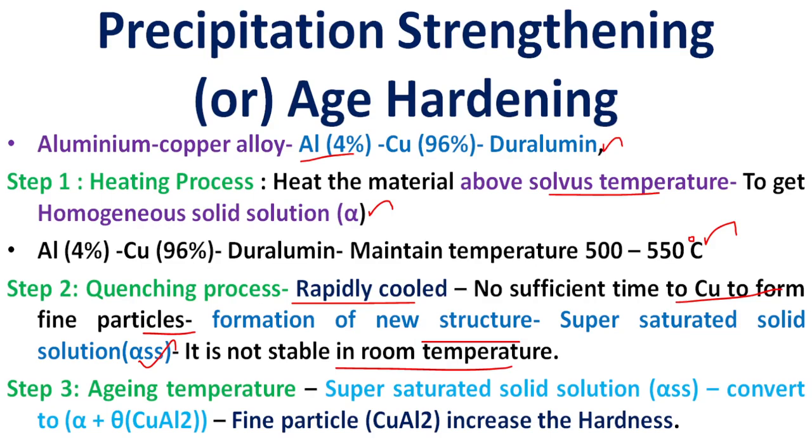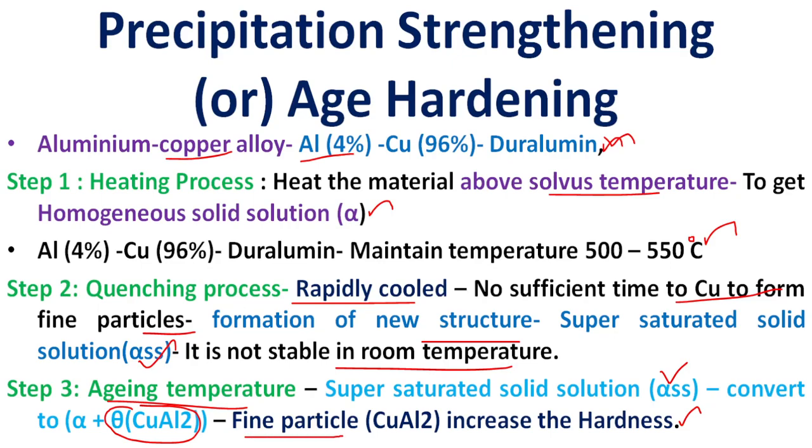Then at the aging temperature, this supersaturated solid solution alpha SS is converted to alpha plus theta, where theta means CuAl2. These fine particles increase the hardness of the aluminum-copper alloy, called duralumin.